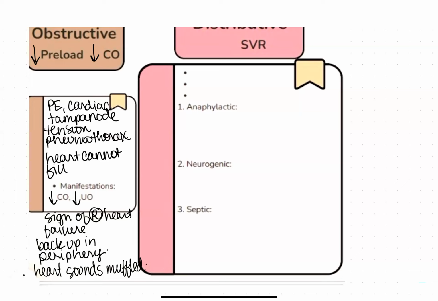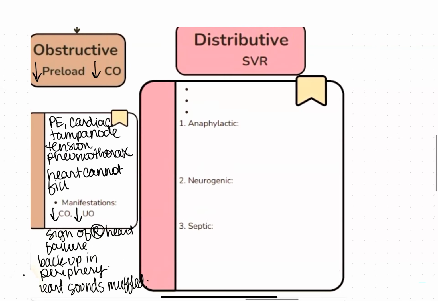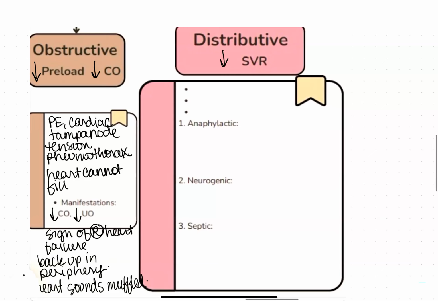Distributive shock is a bit different from the other three shocks. With distributive shock, there is an extreme decrease in systemic vascular resistance, also known as blood pressure. This results in severe vasodilation.